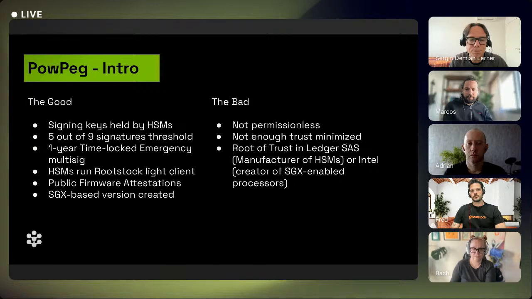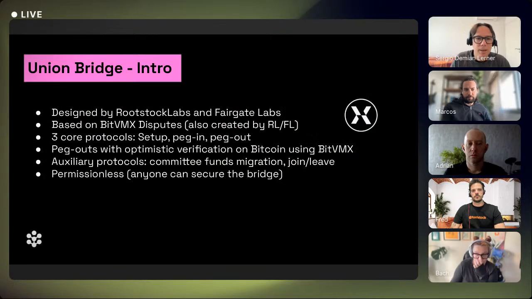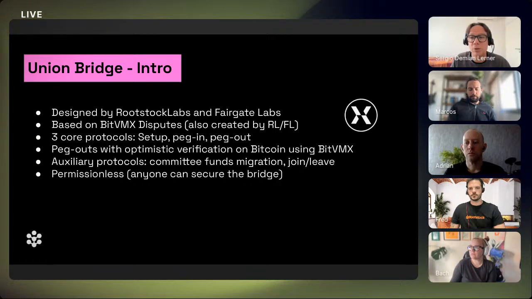Next one, please. That's why we put a lot of effort and research into creating the Union Bridge, which is an optimistic BitVMX-based bridge. The Union Bridge was designed by Rootstock Labs and Fairgate Labs; these two companies together started this endeavor and created the BitVMX protocol, which allows you to do optimistic verification of smart contracts on Bitcoin.